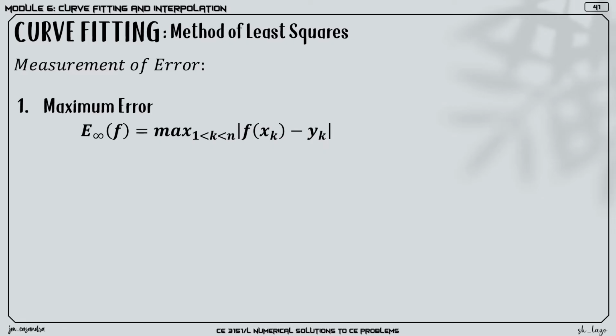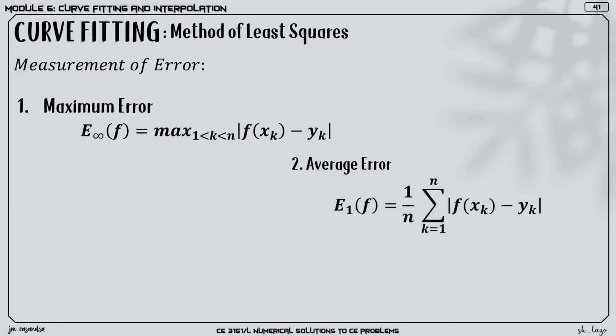Aside from the maximum error, the second method that we have discussed in the previous discussion is what we call the average error, which is given by the equation E sub 1 of f is equal to 1 over n times the sum of the absolute value of f of x sub k minus y sub k from k equal to 1 to n.